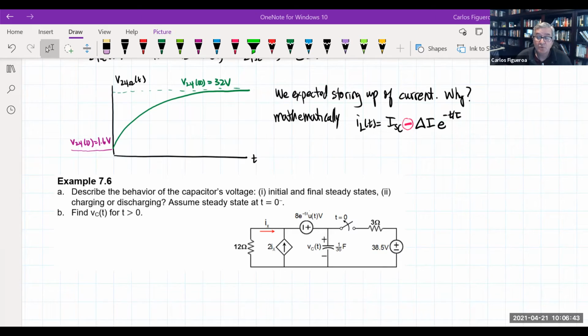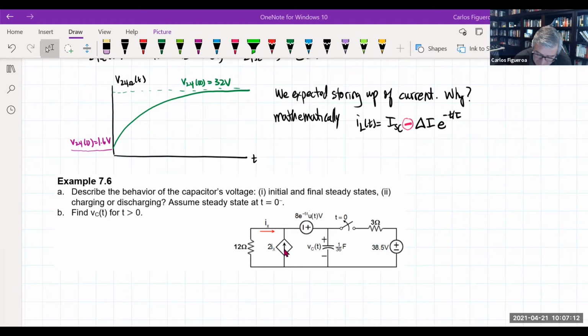What do I expect from this circuit? Clearly we have that dependent source, and if we have a dependent source, we have to have a dependent condition. So the question is, does the cap charge up or does it discharge?